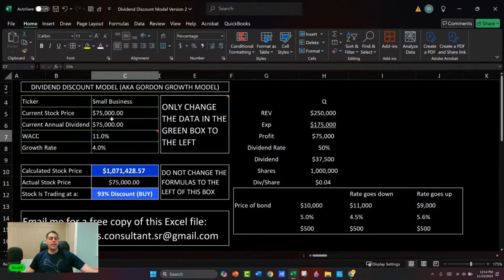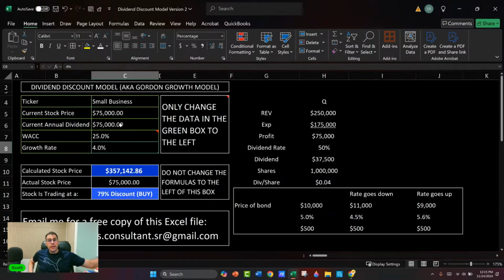This is saying your stock price is $75,000, and your annual return is $75,000. So you're getting 100% dividend, which no stock offers. So you might have to just give them a really high whack.